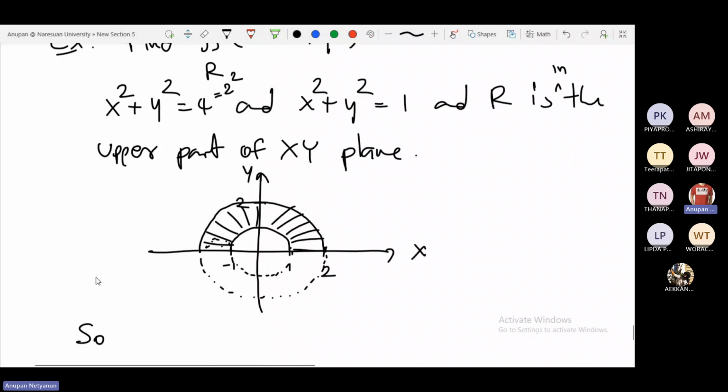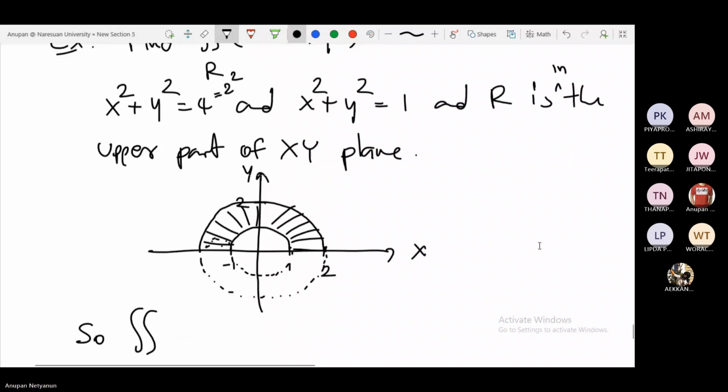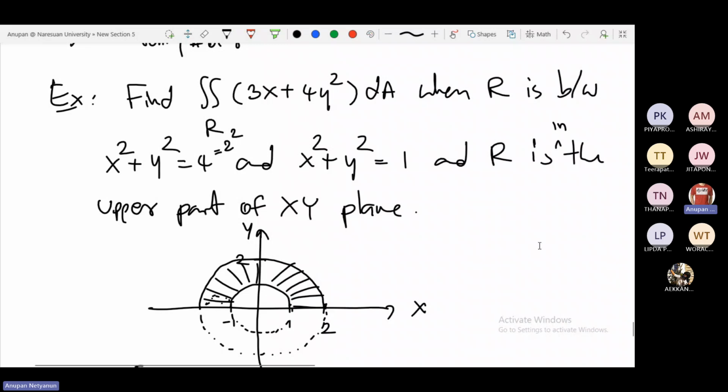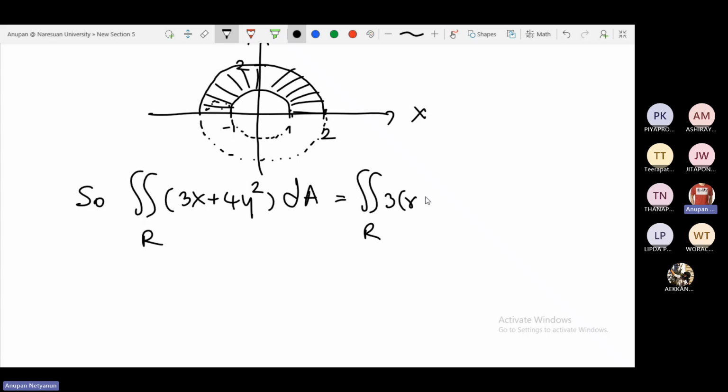So we have 3x plus 4y squared dA. Let me change this into polar first. x is r cosine theta, remember?